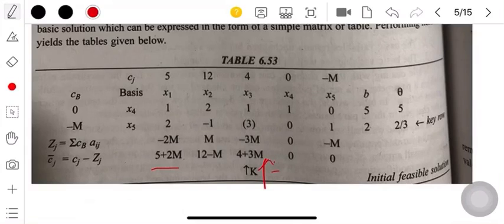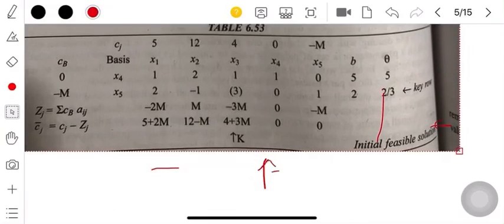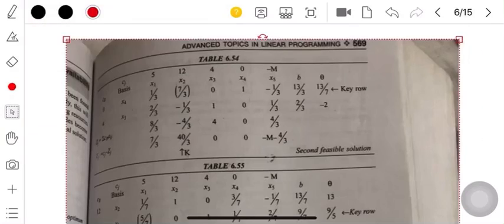So find the ratio, 1 by 5 is 5 and 3 by 2 is 2 by 3. So this is the outgoing variable. So here x3 is going to enter and x5 is going to leave, right?